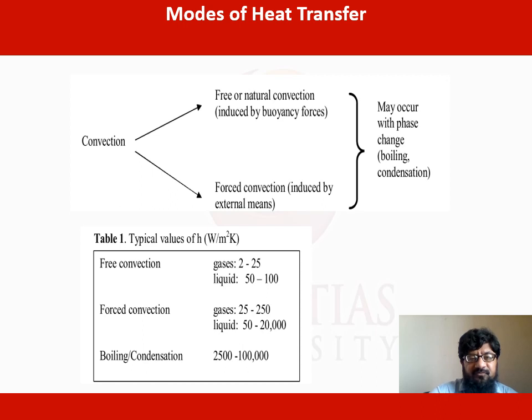And for the case of forced convection, in gases it is 25 to 250 and in case of liquid it is 50 to 20,000. And in case of boiling or condensation, the heat transfer coefficient is very high and can be up to 1 lakh.